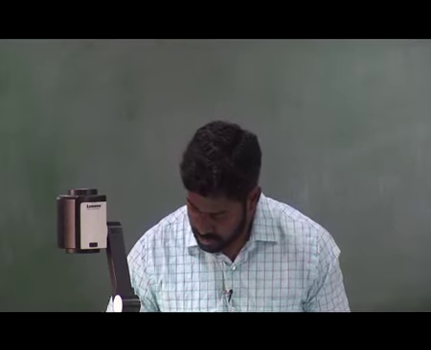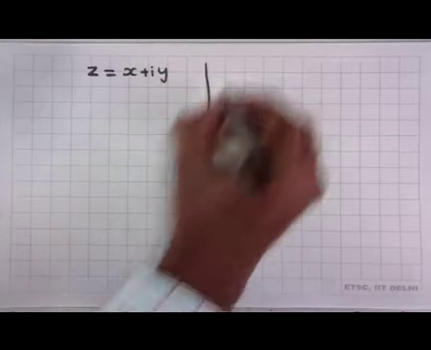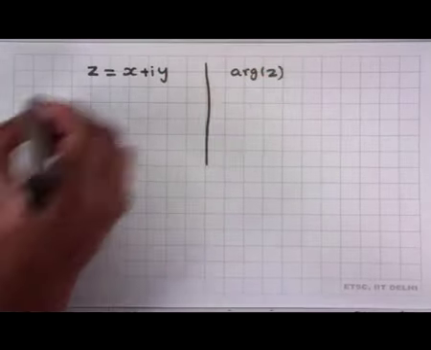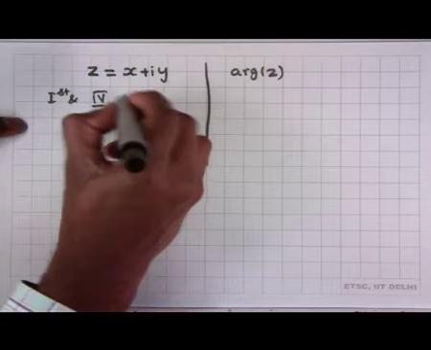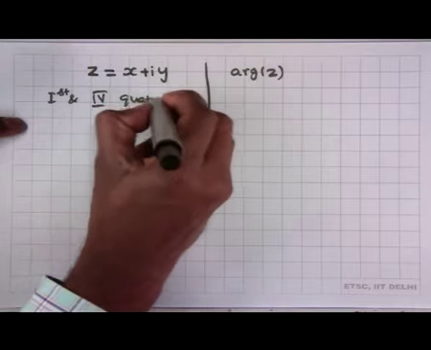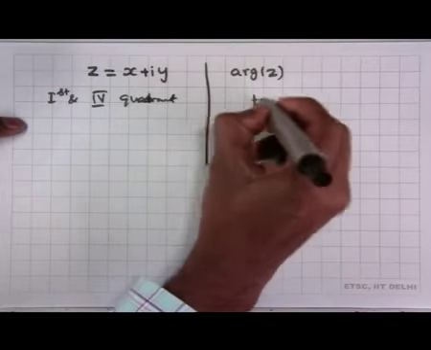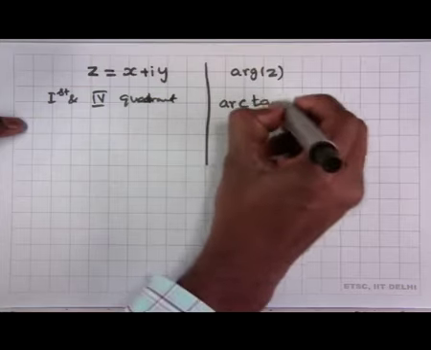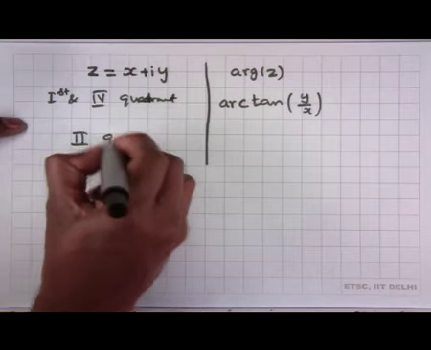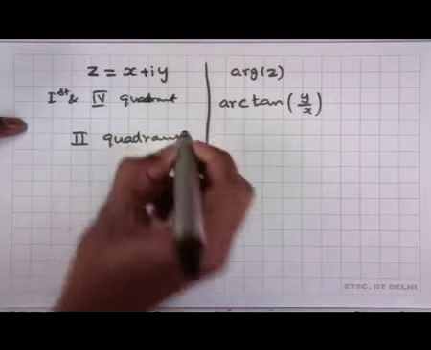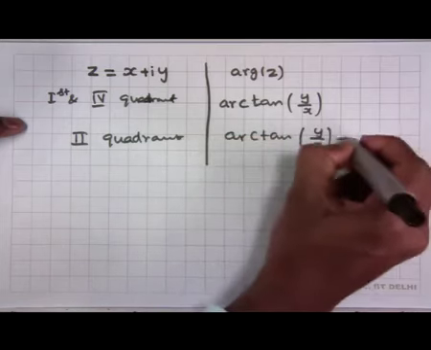Let me summarize the formula for the principal argument of z. Suppose the point lies in the first and fourth quadrant, then it is just the arc tan of y by x, and if it is in the second quadrant, arc tan of y by x plus pi.